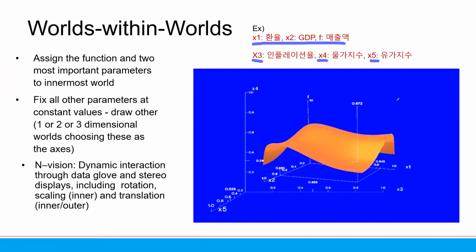And this is of course a little bit complicated because you are combining the X1, the X2, X3, X4, and X5 in the same graph.